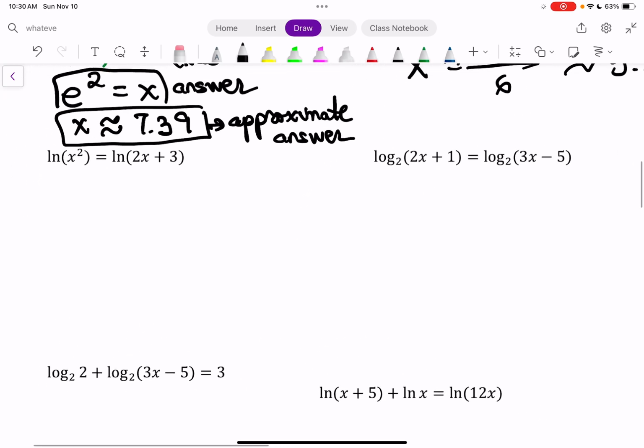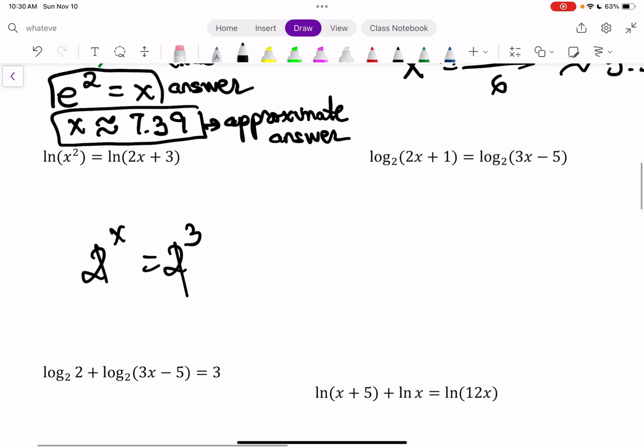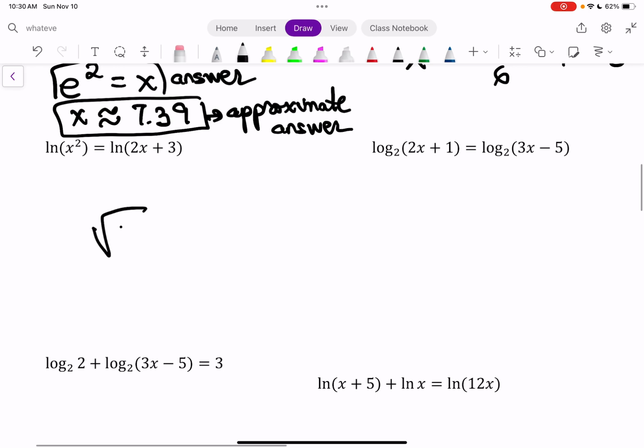All right, well, now we're starting to get into a little bit trickier problems, but first things first, remember when we said 2 to the x is 2 to the third? That means x must be 3. Or square root of x is equal to the square root of 3. That means x must be 3. So the same thing here.